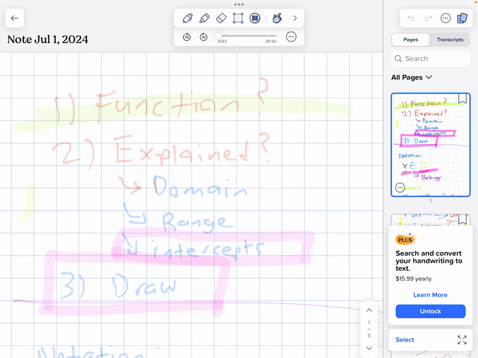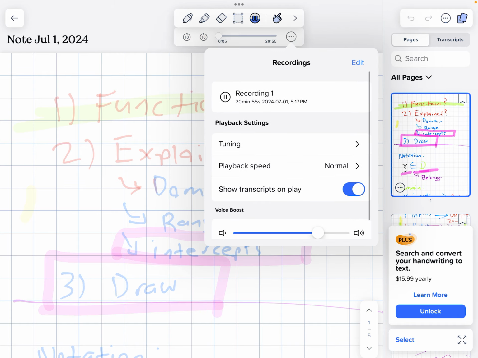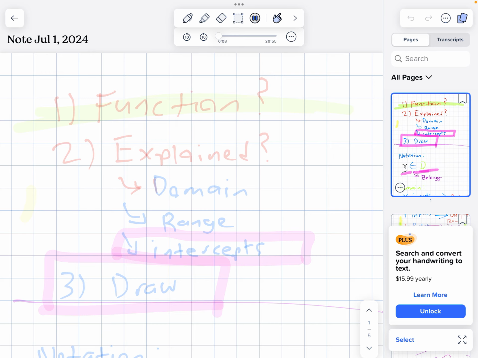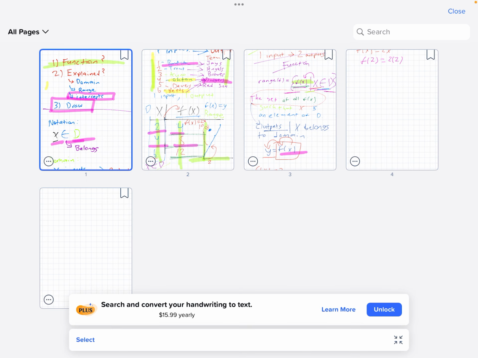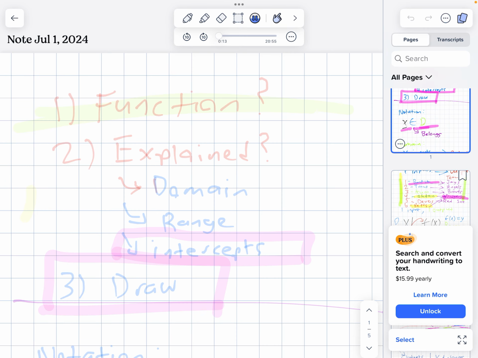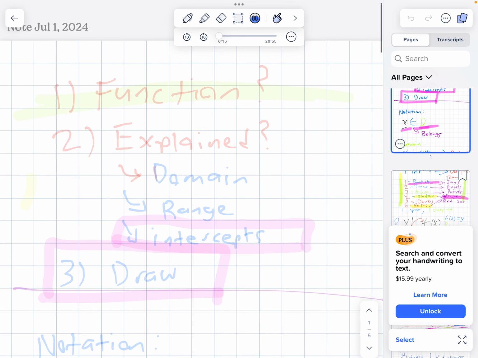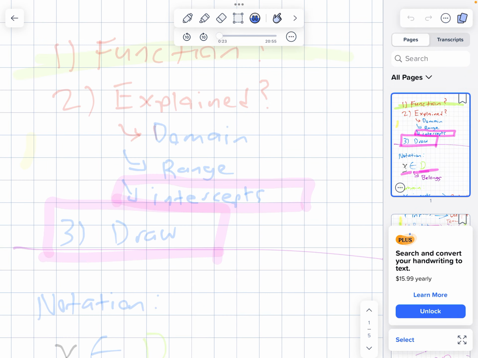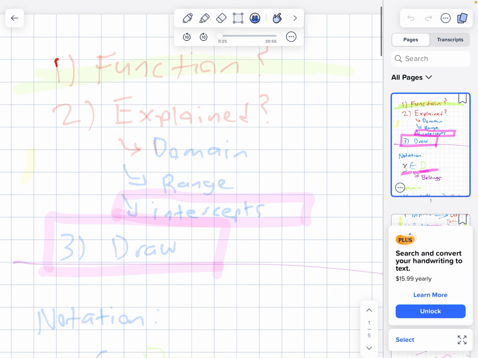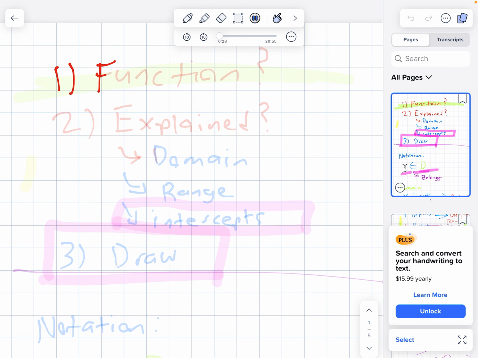Hello everybody, welcome to my first video on differential calculus. And more generally, this video will be about functions because in order to master differential and later on integral calculus, we really need to get a good grasp on, first of all, what a function is, number two, how functions can be explained.